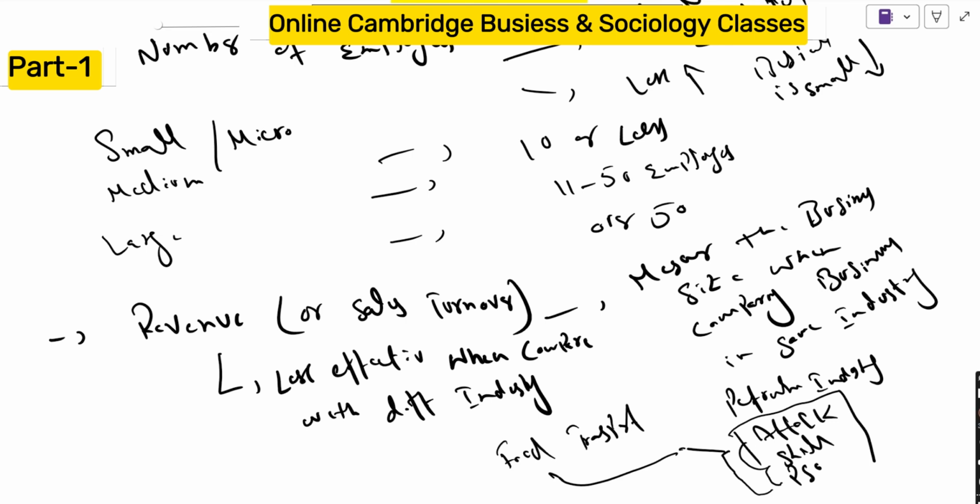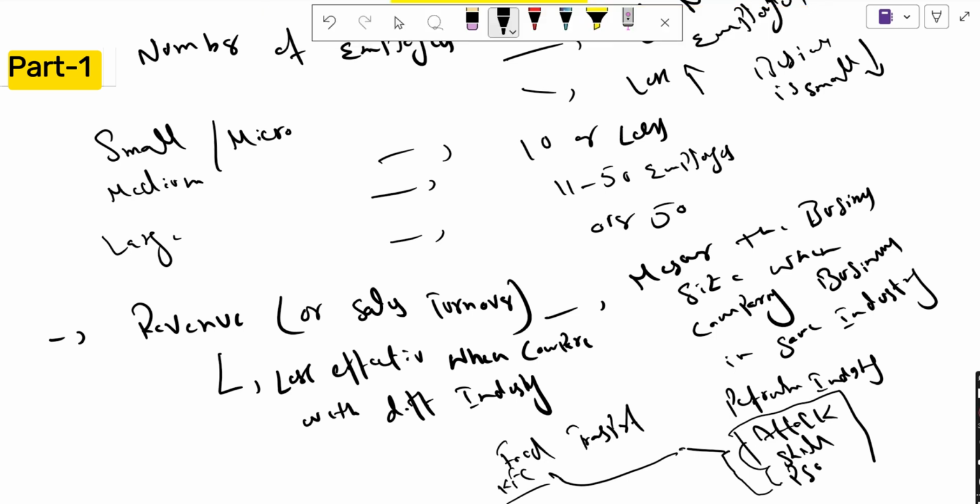For example, if you compare PSO with KFC, it doesn't make much sense to compare companies in different industries.